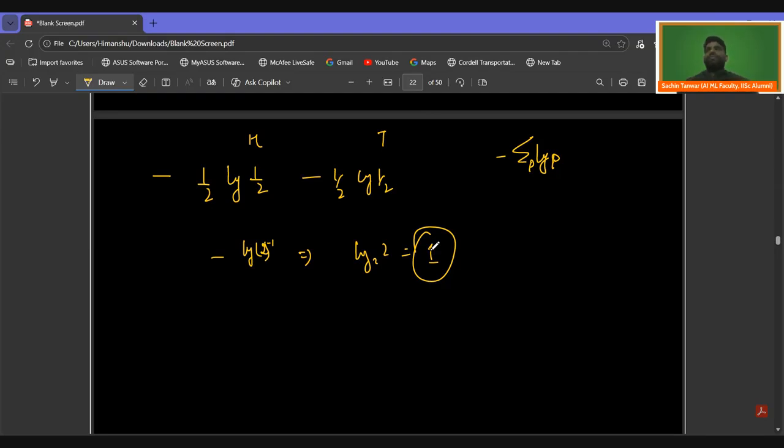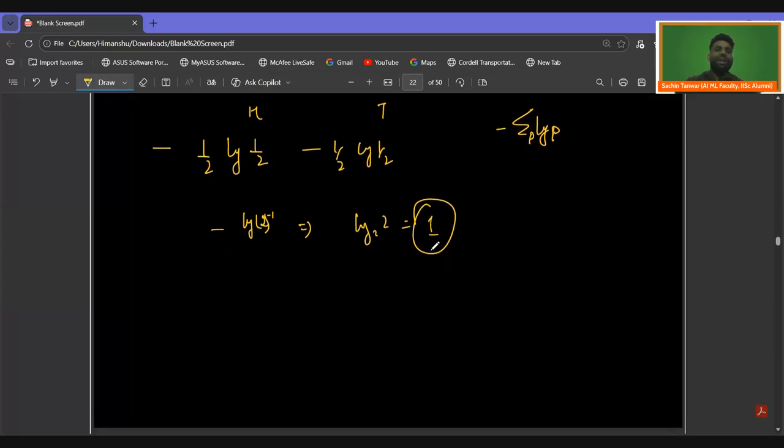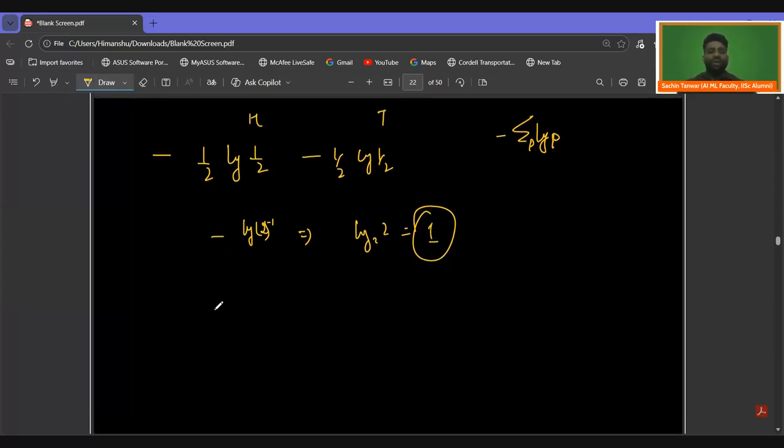So if the probability is 50-50, I'm very much uncertain. This is the most random situation I am having. But if I consider an example of 70-30 or 80-20, and we'll use a calculator as well, need not worry. If I talk about 70-30, 7 by 10 log 7 by 10 minus 3 by 10 log 3 by 10, and you calculate this, you'll get a value lesser than this.